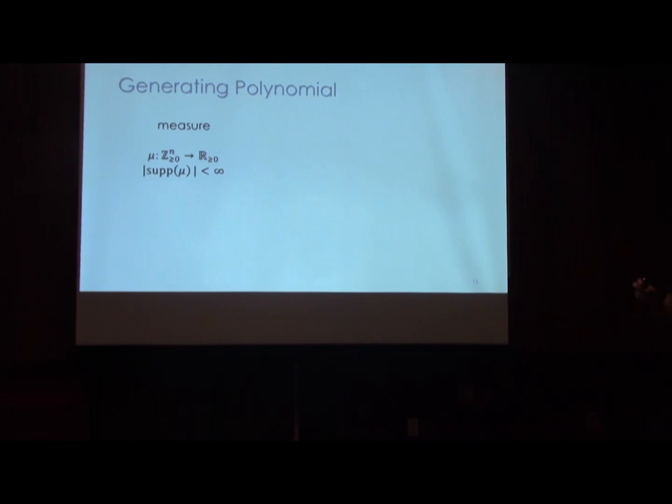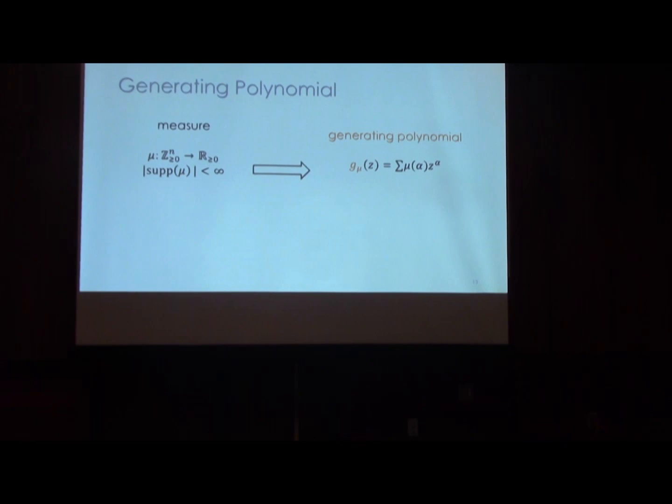Okay? Now let's say that for now we are dealing with measures whose support is finite. So these, you can think of these as point processes if you want. So to such a measure, I'm going to assign a polynomial, okay, which is going to be the measure at every one of my integer points times z raised to the power of that integer point.